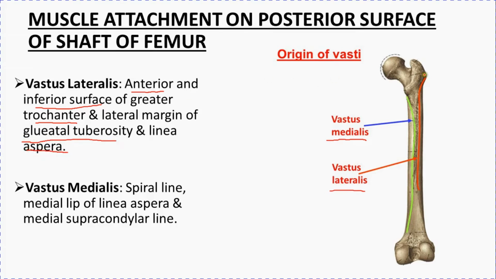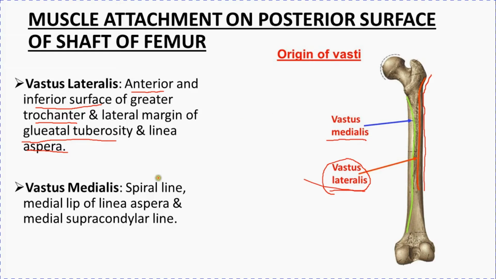Now look into the figure and follow my pointer. It arises from the anterior and the inferior surface of the greater trochanter, the lateral margin of the gluteal tuberosity, as well as the linea aspera. This muscle is vastus lateralis.